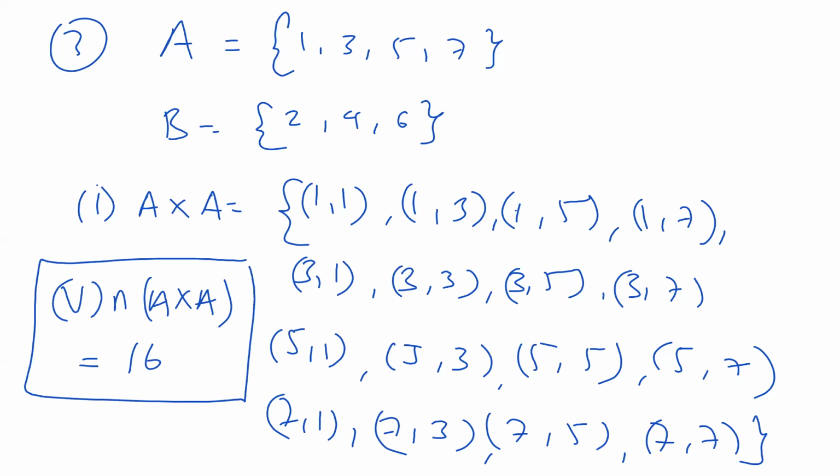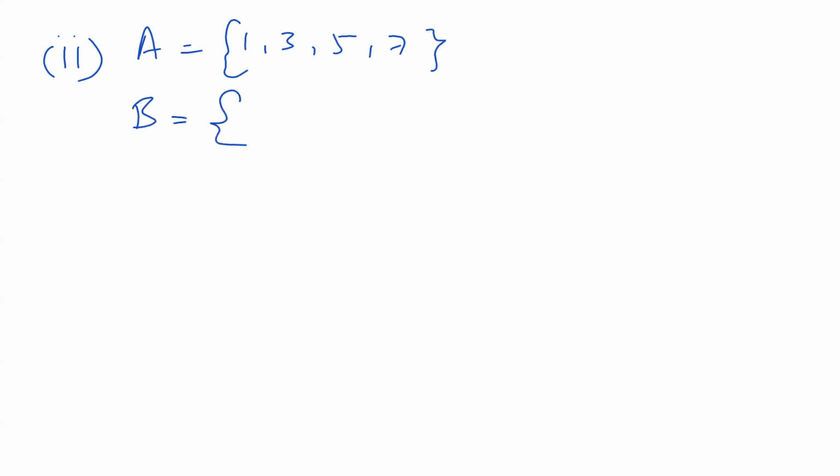Now second part of the problem. Second part, they are asking A cross B. I'll just write down A and B for your reference once again. A is 1, 3, 5, 7. B is equal to 2, 4, 6. So A cross B. First component will be from the first set.